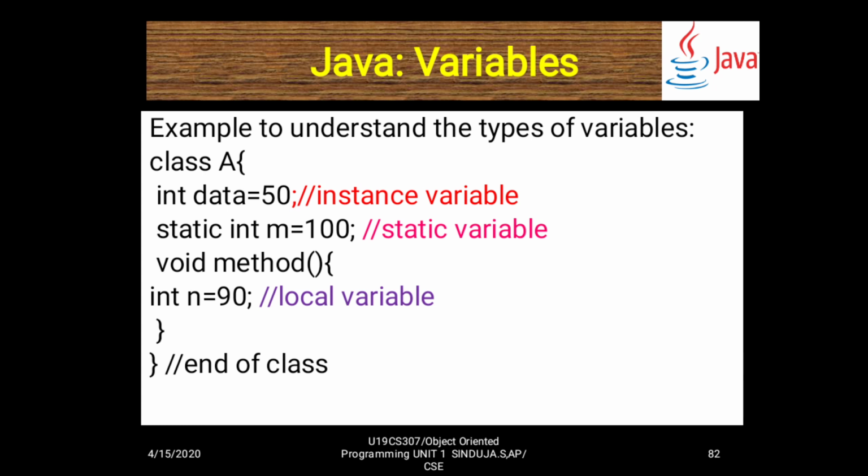Data is one variable, M is one variable, and it has one function. A class has two variables and one member function. Under the member function I have one variable, and that variable is n. As I told earlier, local variables are created within a method or a function. If you see here, a method is nothing but a function. Am I correct?